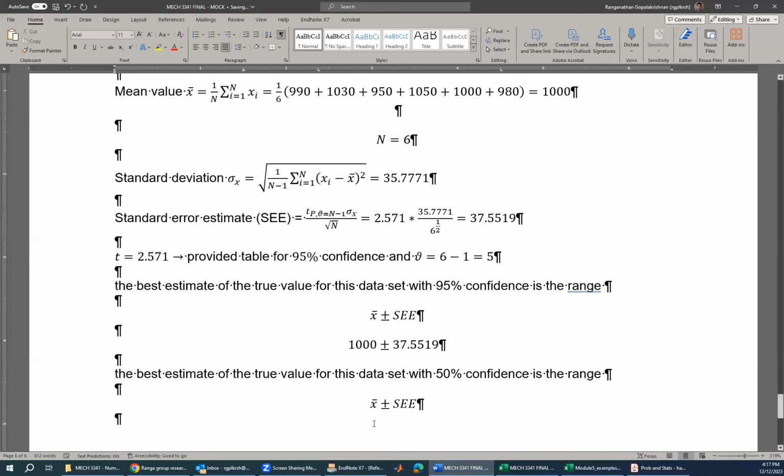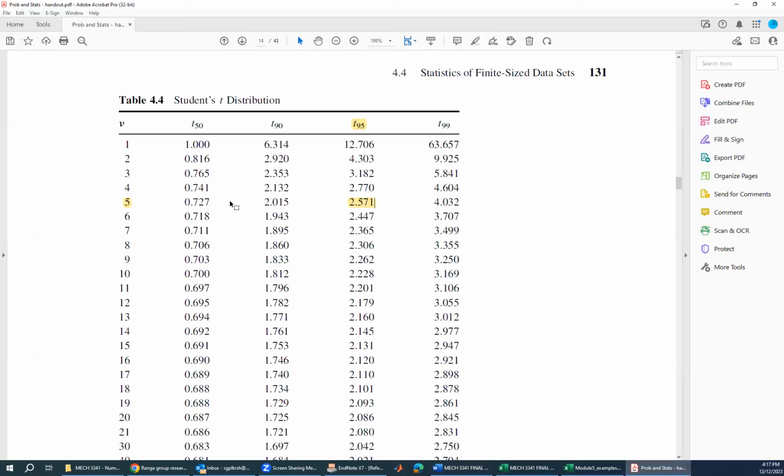So what you need to do is re-evaluate the standard error estimate with t corresponding to 50% confidence. So if I bring back this table, that will be 0.727.